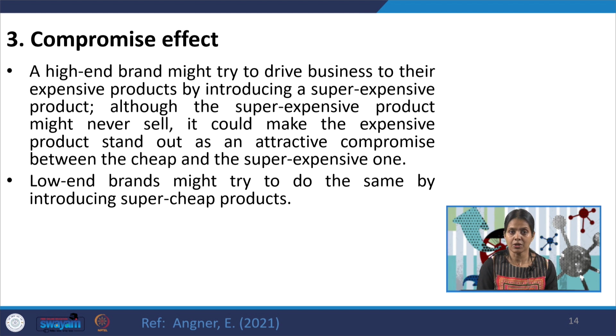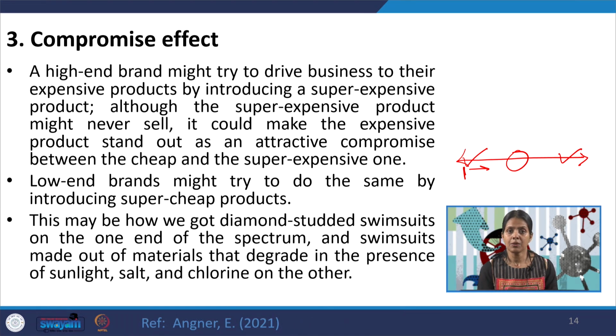Again, the super cheap products at the one extreme will not be purchased by many, but then people would be comparing between a super cheap one and a more expensive one and take a position in the middle. So, this is how they would compromise between having a very expensive product or a very cheap product. This may be how we got diamond studded swimsuits, which land at one extreme on one end of the spectrum, and swimsuits made out of materials that degrade in the presence of sunlight, salt and chlorine on the other.